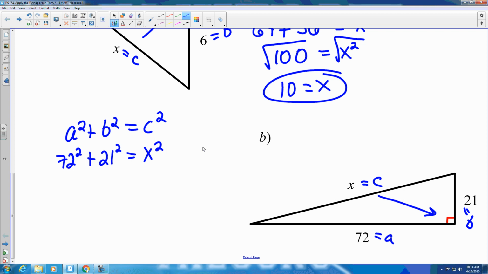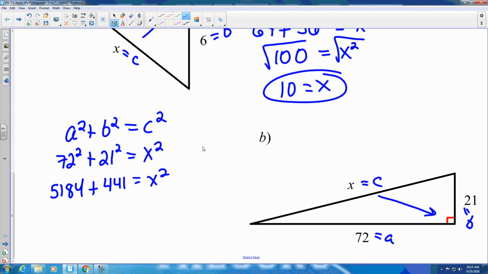All right, now what we get to do is square all the numerical values. So 72 squared gives me 5,184. 21 squared gives me 441, and I have x squared.